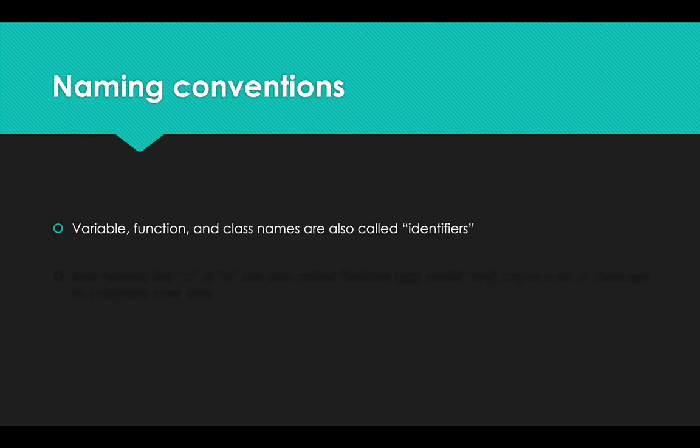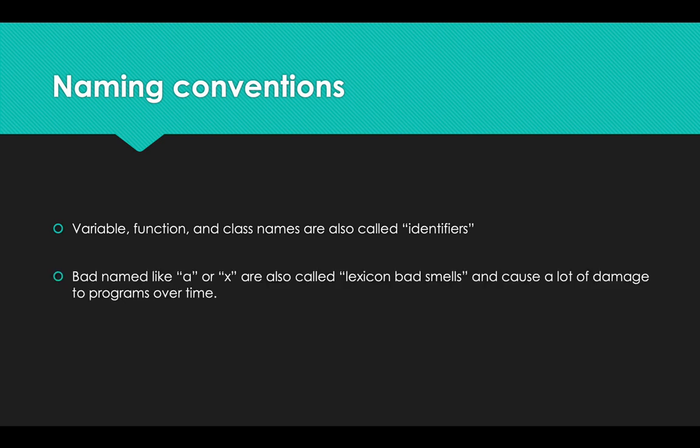The naming conventions around variables in C# are similar to what you might expect from Java or C++. These names are largely called identifiers. That's true of most languages. It's a software engineering concept. Bad names for variables or bad identifiers are often called lexicon bad smells, and these things can cause a lot of damage over time.